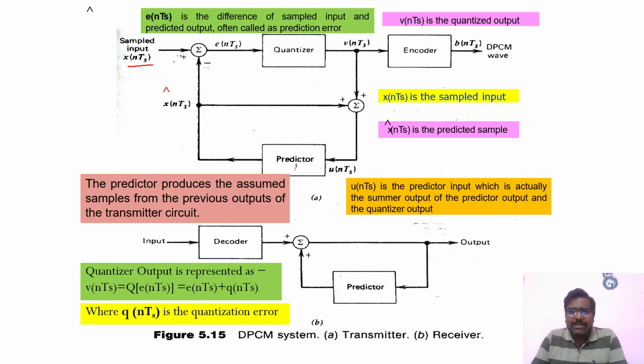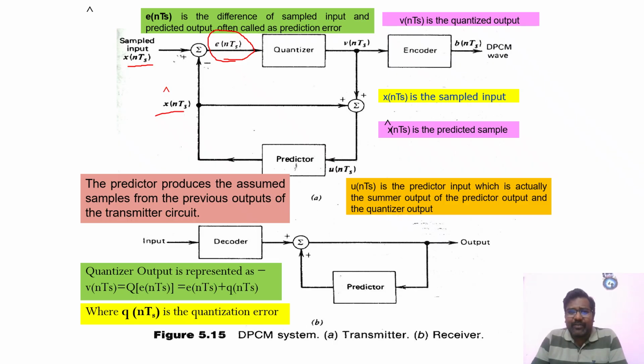The output is e of nTs, the prediction error signal, which is the difference of the sampled input signal and the predicted signal. So e of nTs equals x of nTs minus x cap of nTs.